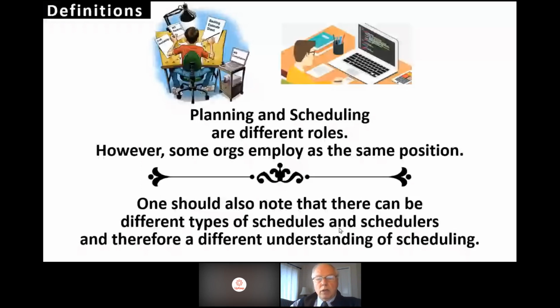Some organizations, due to their size, will employ one person with a combined title of planning and scheduling. Now, we're talking about scheduling, but at the bottom here, there are different types of schedules. I'm familiar with outage scheduling, major project scheduling, long-range planning, countdown schedules, whatever.